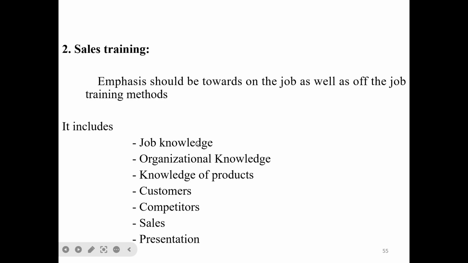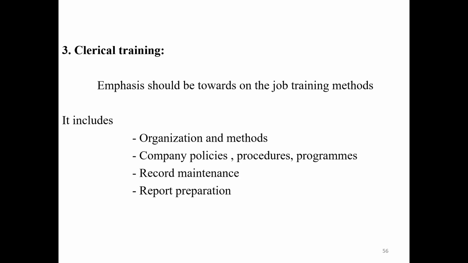Basically the knowledge of the sales, how much they should sell, organization knowledge, the knowledge of the products, customers, competitors, sales presentation, all has to be done here. Next, the clerical training. Basically it should be directed towards on-the-job training methods. It includes the maintenance of records, report preparation, company policies, procedures, all come under this training.